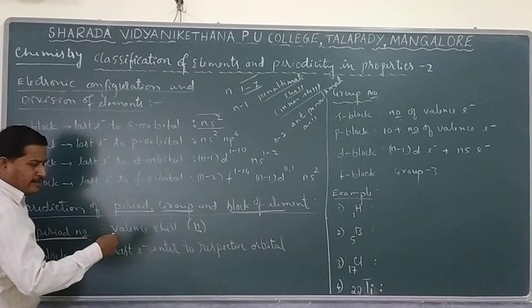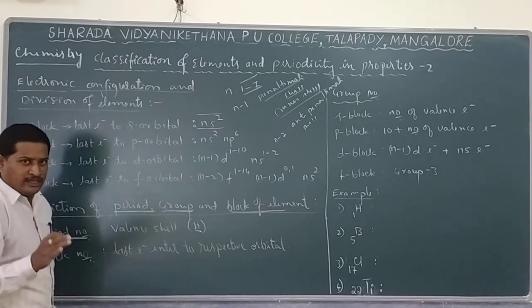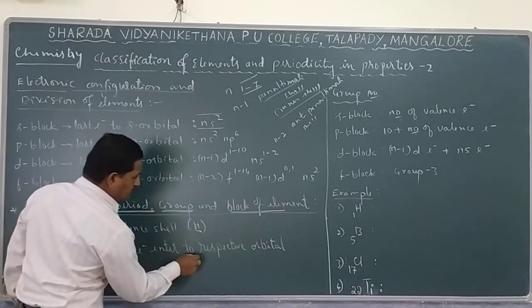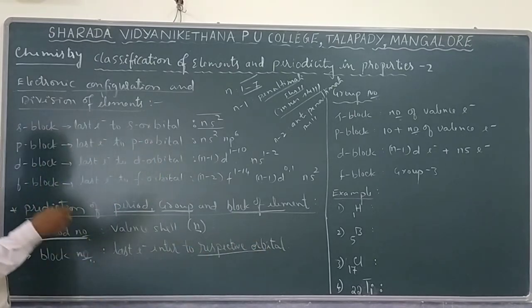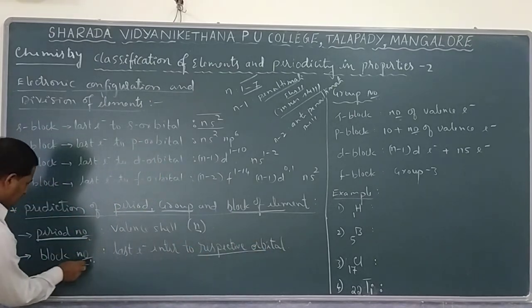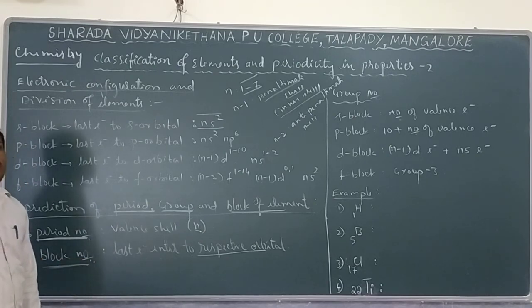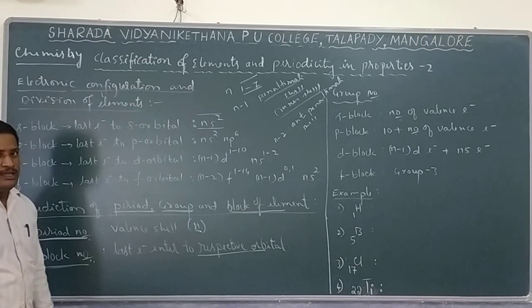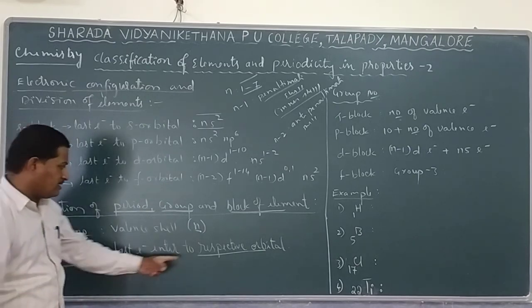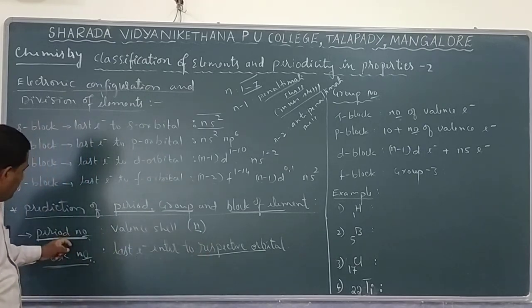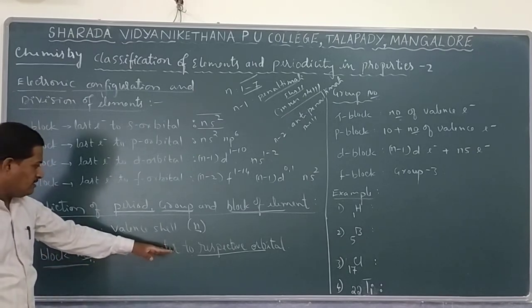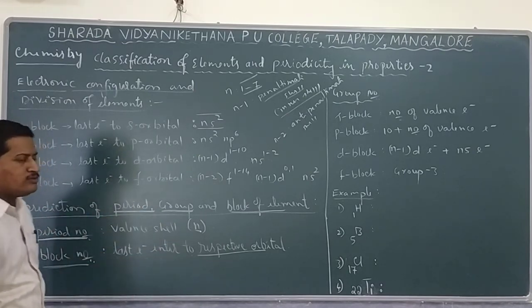And while writing the electronic configuration, you find which orbital the last electron entered. If the last electron entered the respective orbital, it may be s, p, d, or f, and that tells about the block. So period number comes from the valence shell, and the block comes from the orbital the last electron entered.